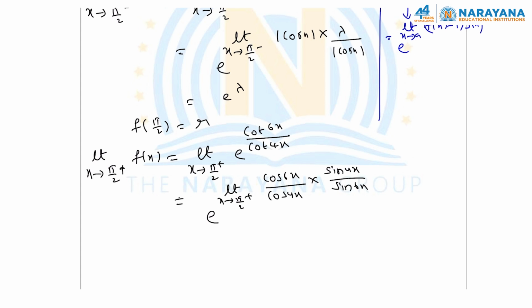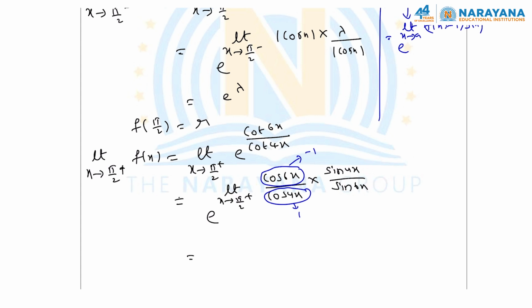Now if you observe, if I am substituting pi by 2 here, this will be cos 3 pi, which will be minus 1. This will be cos 2 pi, which will be 1. And here if I am substituting, we get 0 by 0 form, so I can apply L'Hopital.